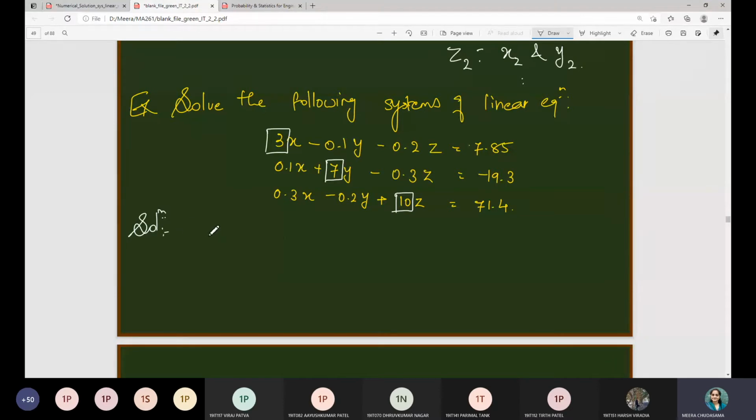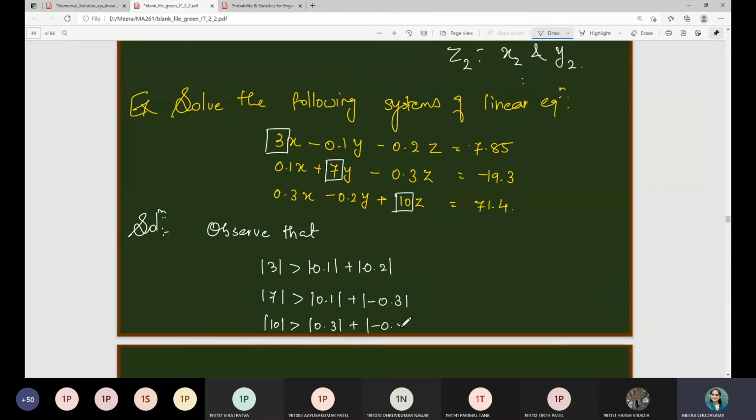So I will write here: observe that. Of course I can write the negative sign here, because some of you might get confused that madam has not considered the negative sign.